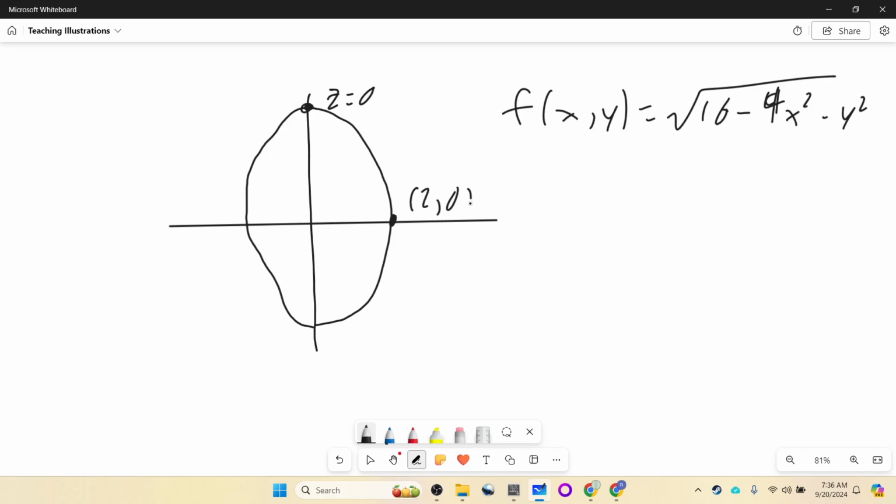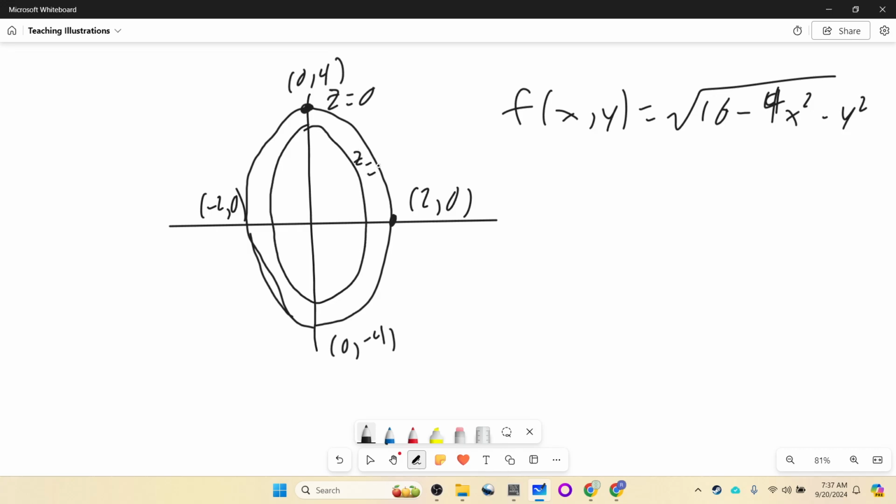There's (2, 0), (0, 4), (0, -4), and (-2, 0). Then, as we go inward, we get more that are, I want to say parallel. I think that would be a valid term to use, even though they're not lines.